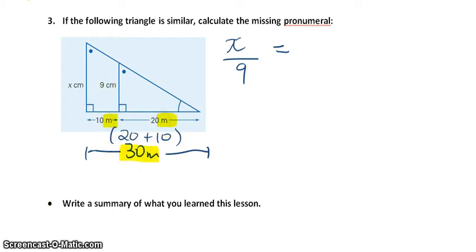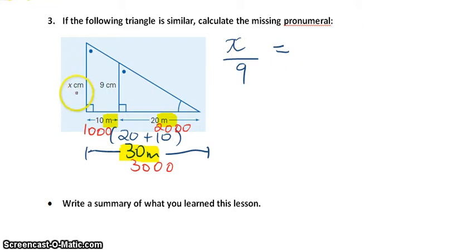And this is not going to work unless I get them into the same units. How many centimeters in a meter? 100. So if I times this by 100, I add on 2 zeros, and if I times this by 100, I add on 2 zeros. Same thing here.